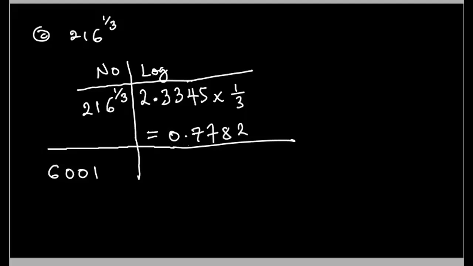So 0 plus 1 is 1, meaning I'll move my decimal 1 time forward from the left to the right, and I'll stop. So finally, my answer is 6.001, which happens to be our antilog value for this.